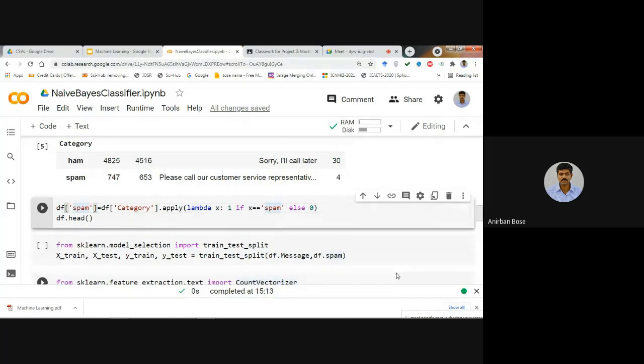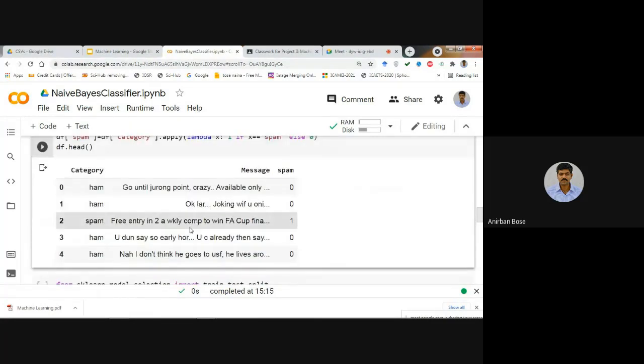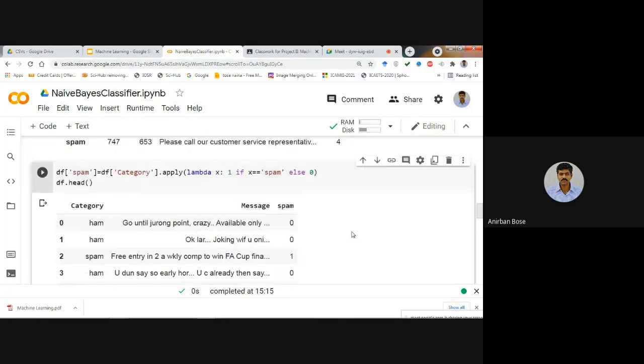Okay, so in this way, if it is a spam, it will return 1. If it is not spam, that is ham in our case, it will return 0. So in this way, these things will be replaced. So one extra column that will show this thing. Let us see. Yes, so we can see that one extra column is added as spam, and it is taking 0 and 1 corresponding to whether it is a spam or not. Clear? So I think up to this much is clear.